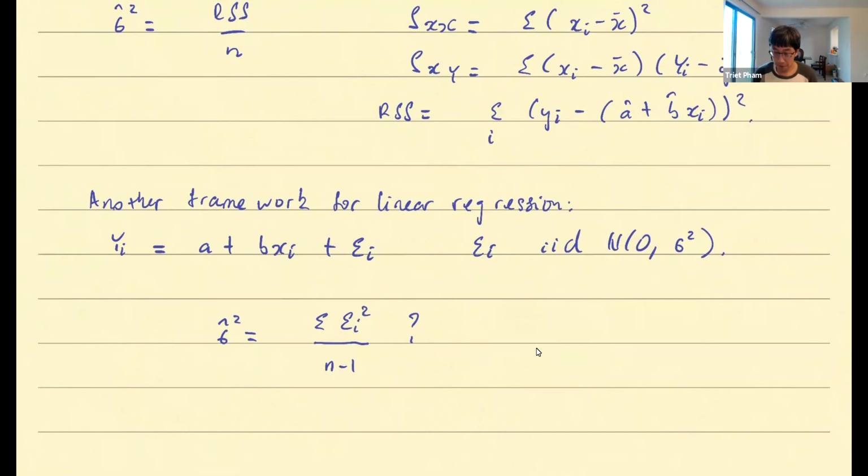The point is that this is really a silly question, because when you write something like this, it's nonsense, because epsilon i are not observed.